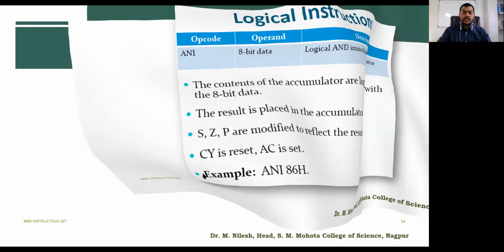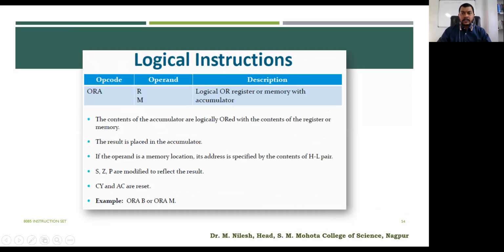Now the next instruction which is there is the OR operation. So ORA A. So OR the contents of the accumulator with the register or memory, right? So examples are given over here: ORA B, ORA M. If we are using it for memory, then the location is to be specified in the HL pair, right?